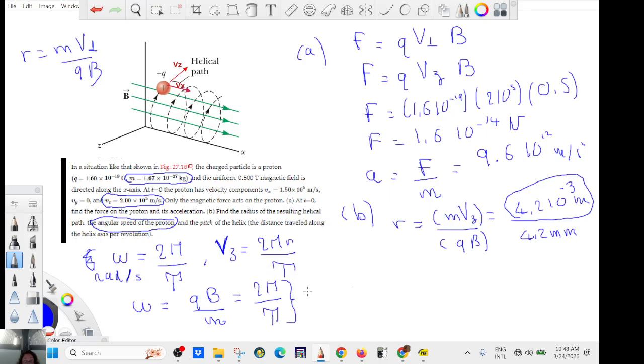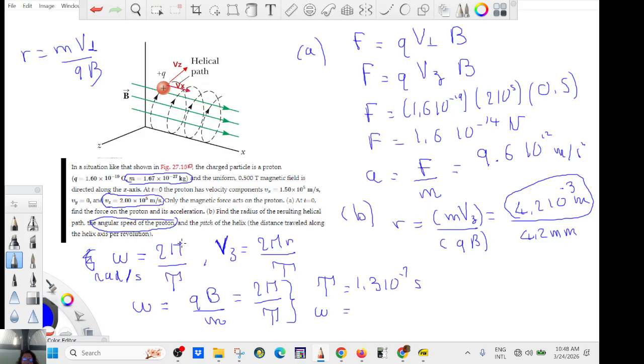I found 1.3 times 10 to the negative 7 second. No, that will be the period. I don't know the answer for omega, I know the answer for T. For omega, what did you get?